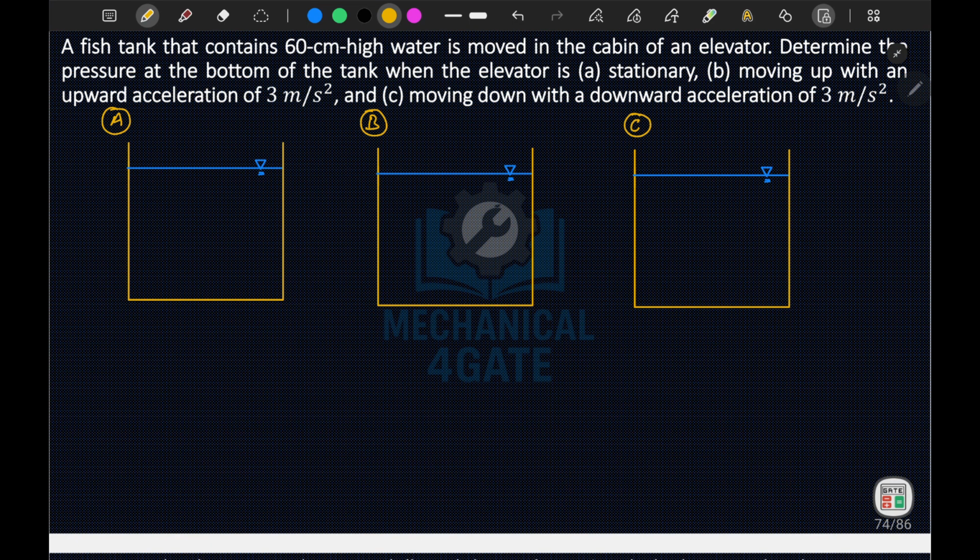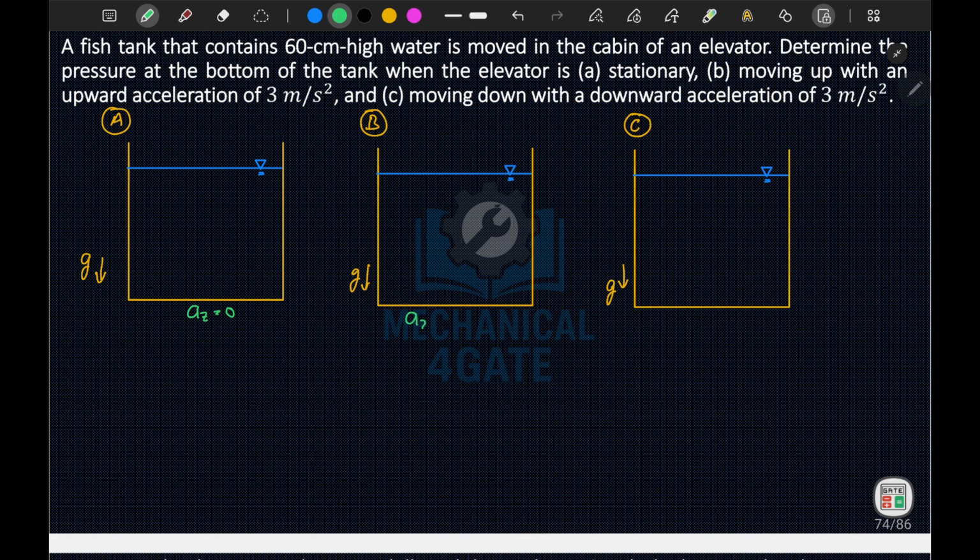Okay. Now this is stationary. This container is stationary, and only the acceleration due to gravity g is acting here. Now g is acting on all three containers. If I talk about the acceleration, az here is equal to 0.